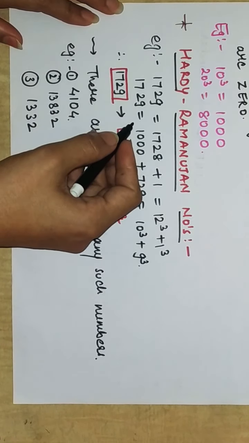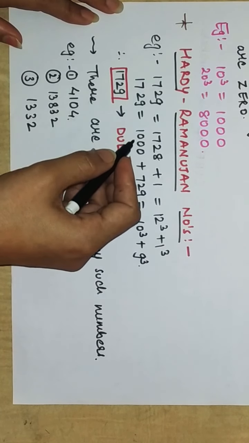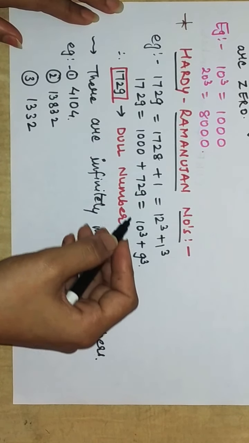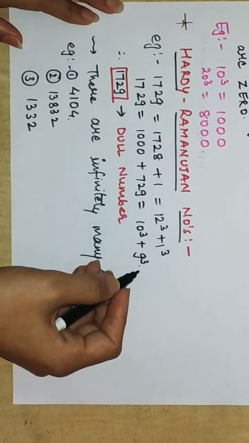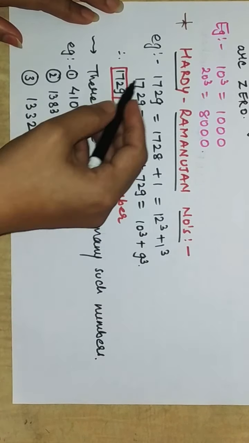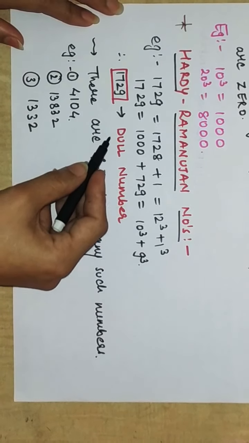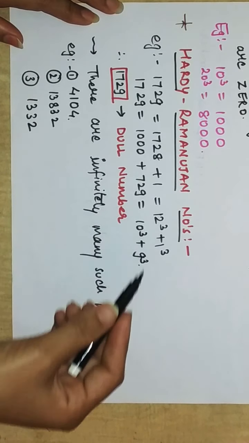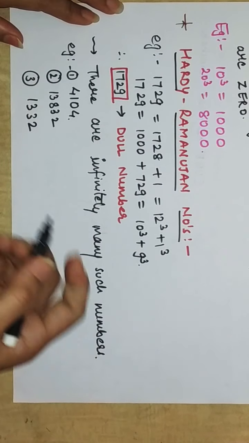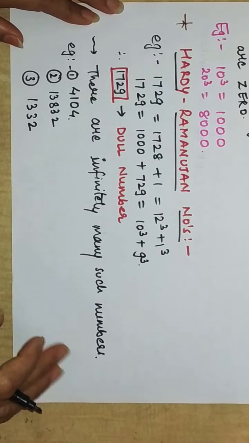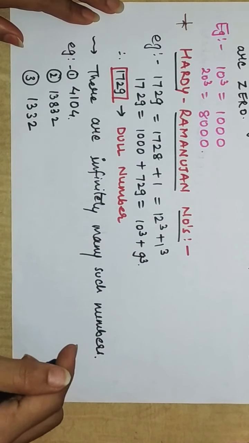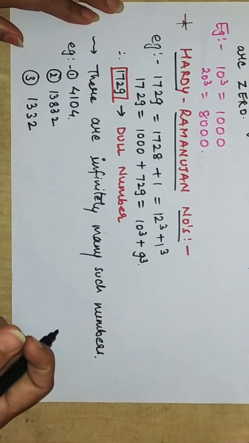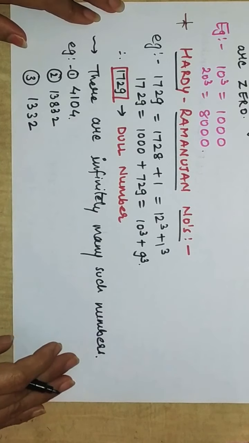Say 1729 can also be split into 1000 plus 729. That is 10 cube plus 9 cube, which makes 1729. And these numbers are known as Hardy-Ramanujan numbers. Infinitely many such numbers are there. They are nothing but the summation of the cubes of two numbers.